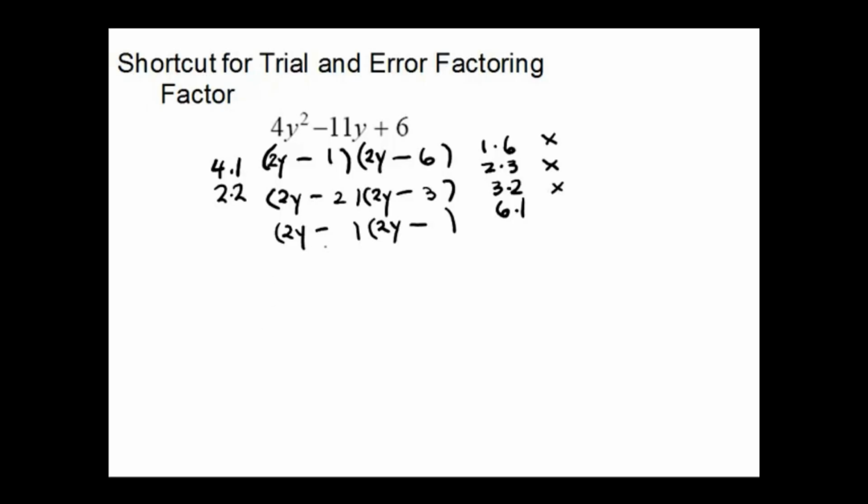So it's not going to work. And the fourth choice would put a 6 in with the first 2y. So it's not going to work. So if I have an even digit in both spots, and that's what I have originally in the first and last, that's not going to work. So you don't have to even try it. I did it here just to show you for the shortcut. So we're going to need to go with the 4 and 1.